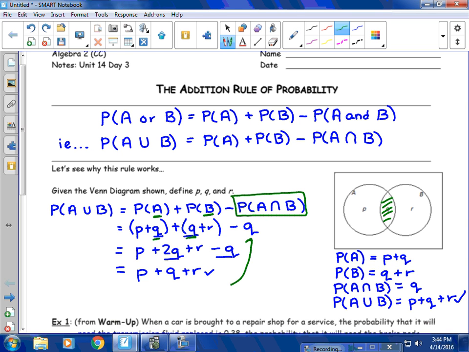So this piece right here, I'm just going to write, we subtract the probability of A intersection B, so we don't count Q twice.